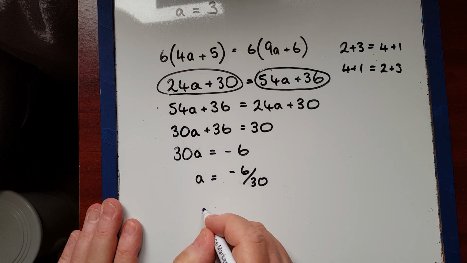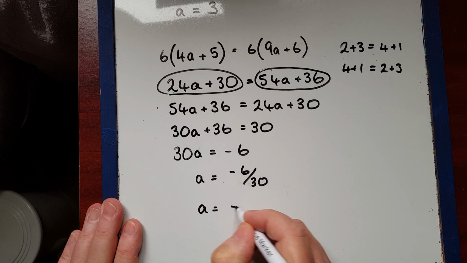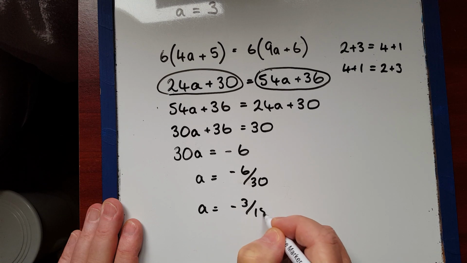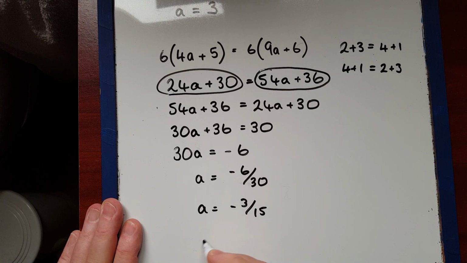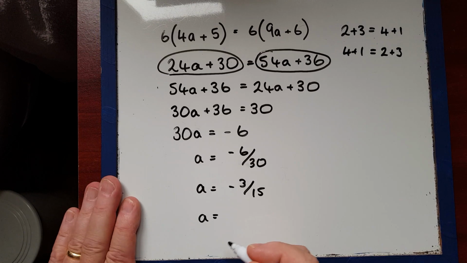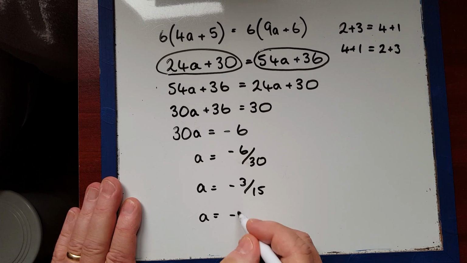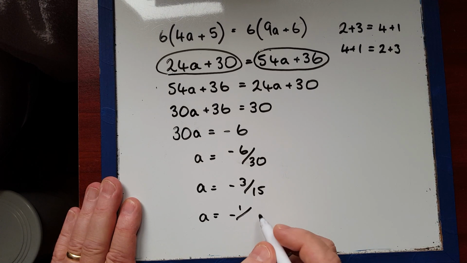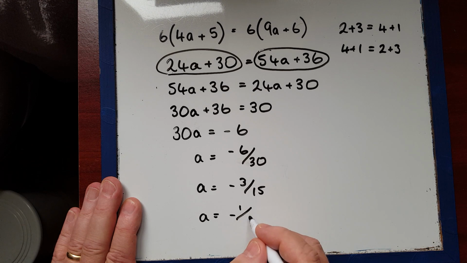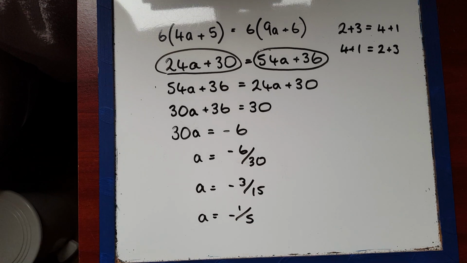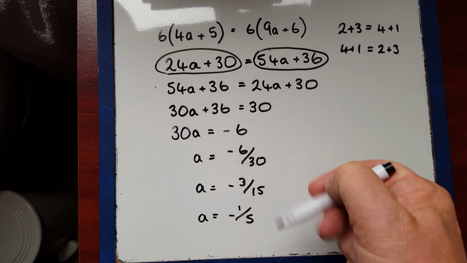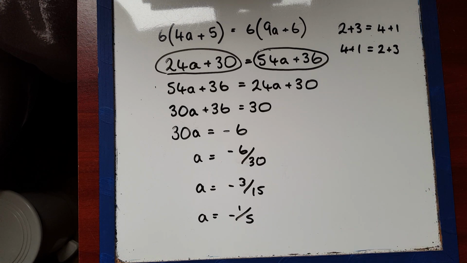We can simplify it by halving everything, and we can simplify it again by dividing everything by 3. Okay, there is 1 3 in 3, and there's 5 3s in 15. So a equals minus 1/5. That's a little bit less comfortable. That's why I did the question.